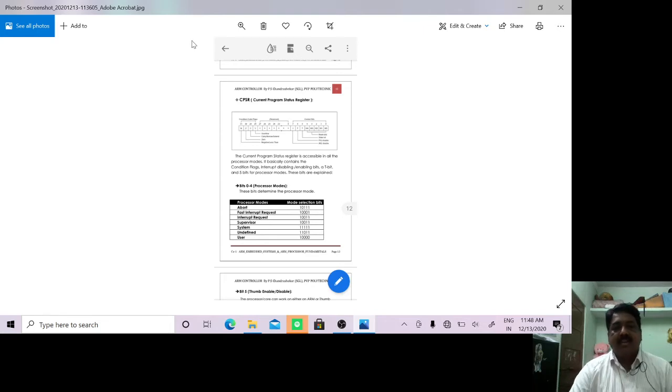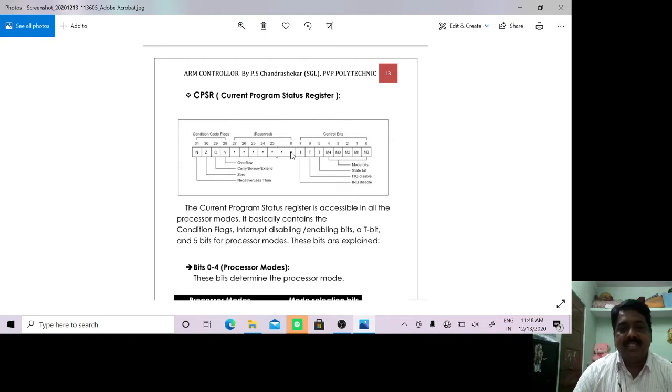Hello, let me explain about the current program status register. The current program status register is just like any other flag register of a microprocessor or microcontroller.